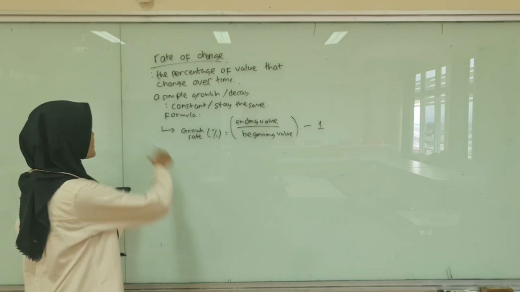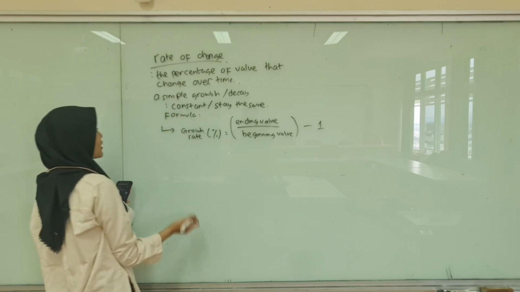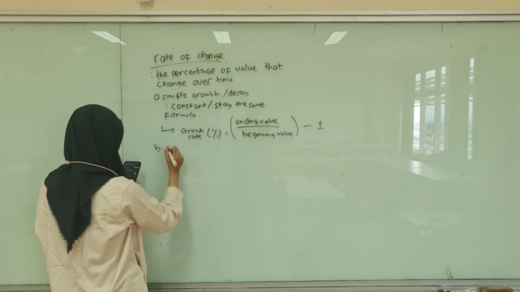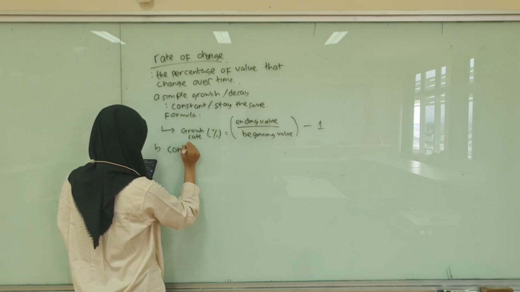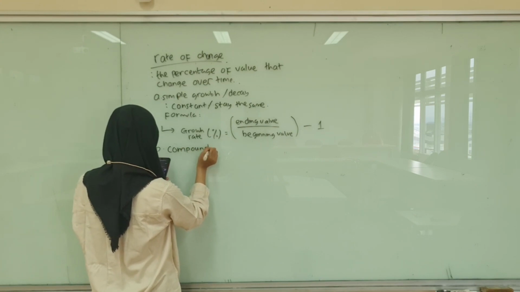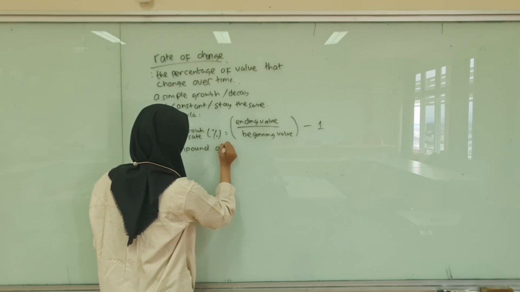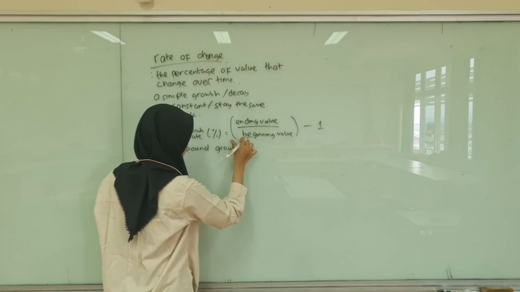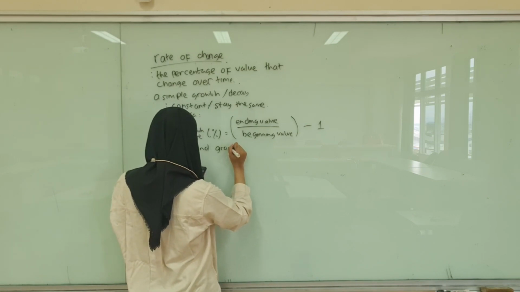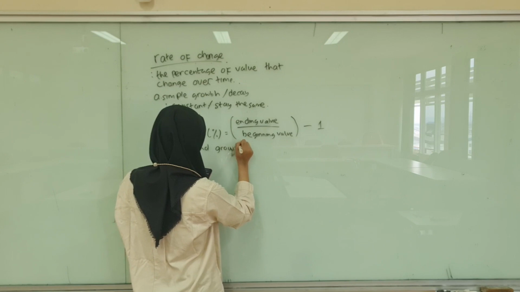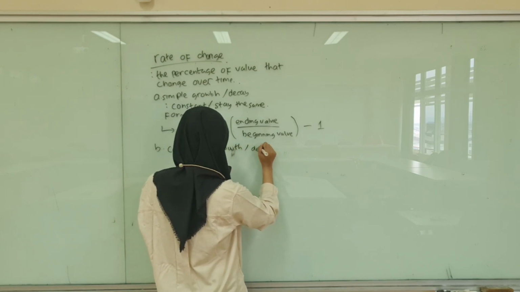So this is the first rate of change, simple growth, and then the second one is compound growth or decay.